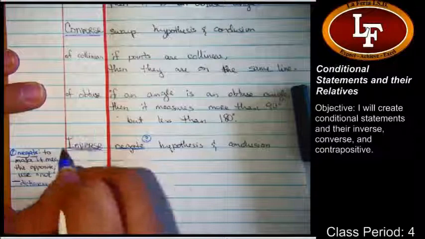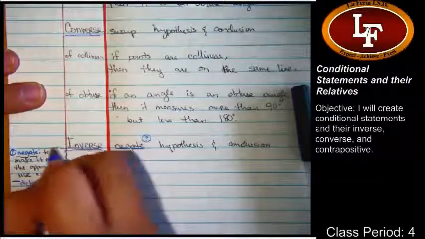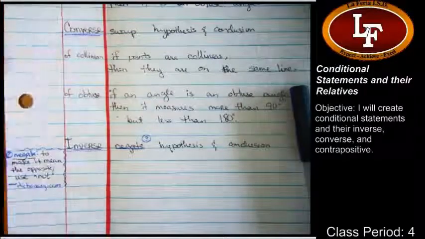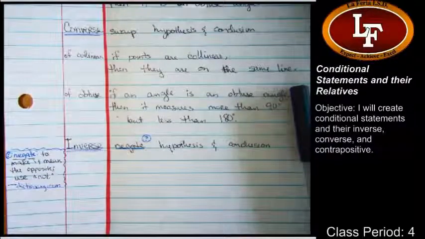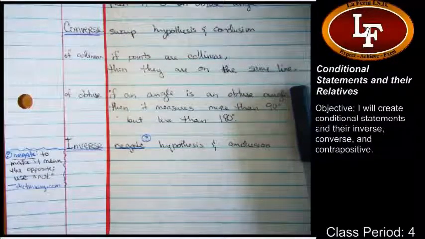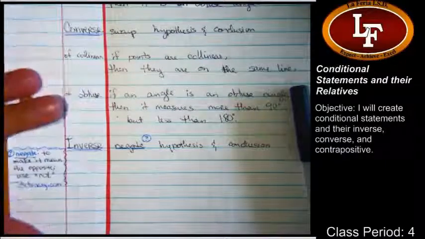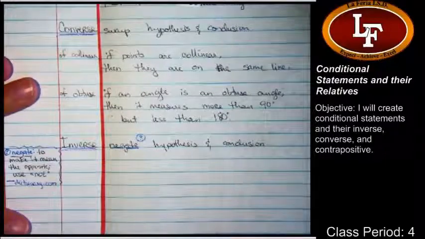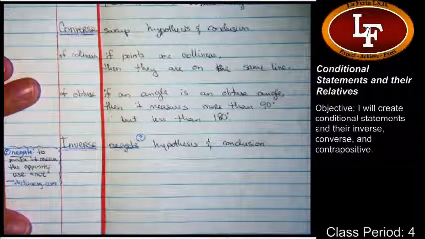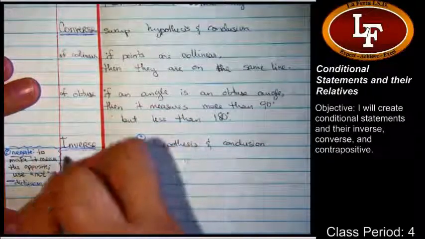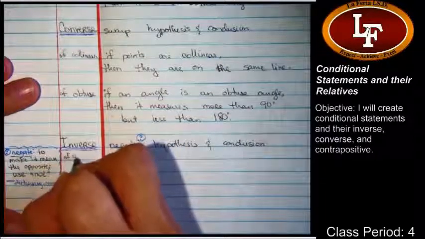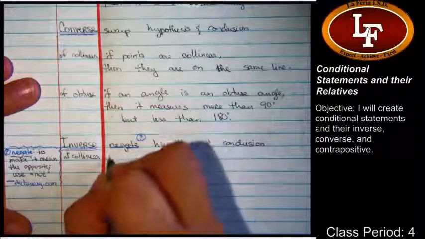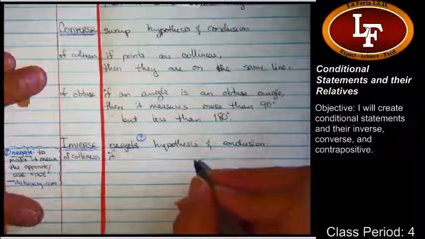So that way when I'm going back through my notes and I'm looking at it, I don't have to wonder, where did I come up with that definition? Right? I'm telling myself, oh, I went to dictionary.com. Okay? All right. So negate the hypothesis and the conclusion. Now go back to your very original conditional statement for collinear. What was the original hypothesis for collinear?